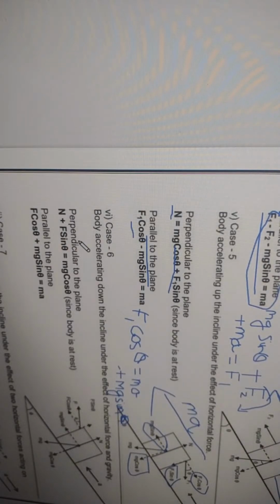So the next case is body accelerating down the incline under the effect of horizontal force and gravity. So acceleration is in this direction, so opposite direction will be m into a.